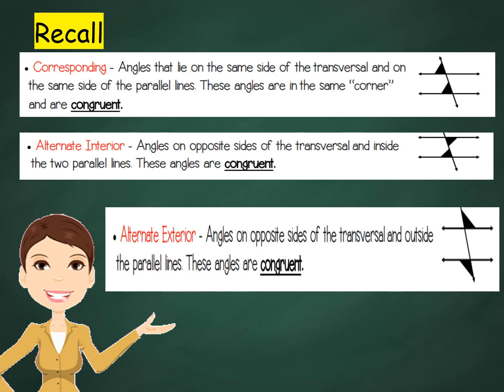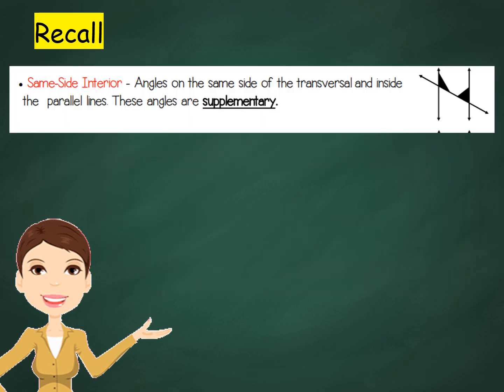We also mentioned the alternate exterior angles. So these angles are on opposite sides of the transversal and outside the parallel lines, and these angles are congruent. We've also discussed same side interior angles, which are on the same side of the transversal and inside the parallel lines.